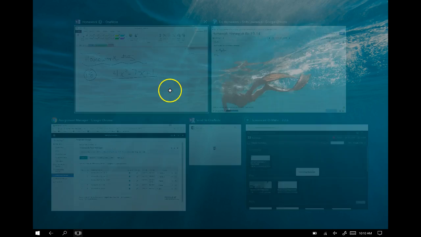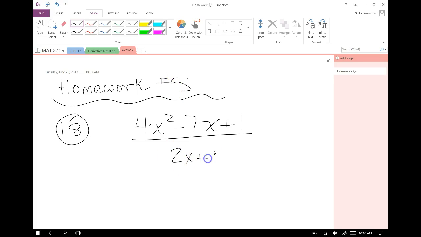Over 2x plus 9. And we want the derivative for this. So we've got to use the quotient rule. All right. There's no chain rule in here yet. Chain rule is the section after this.